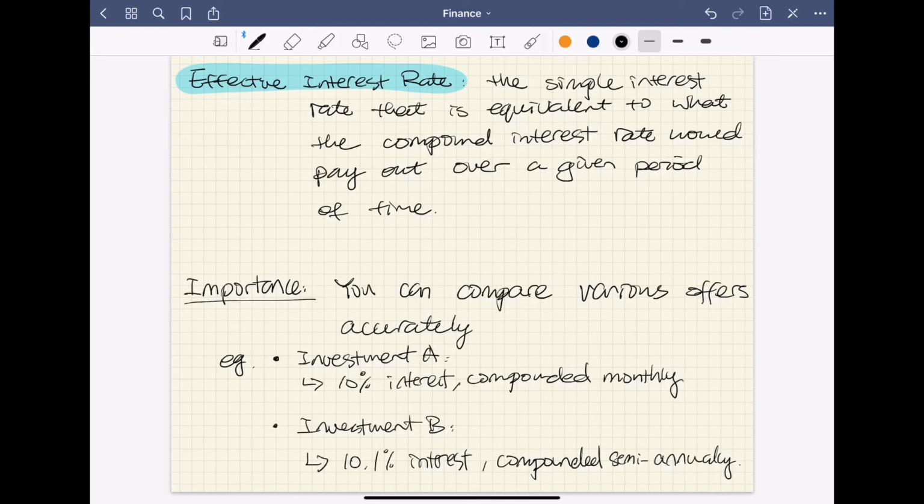Given these two investments, how do I know which one is a better offer? Which one should I invest? Looking at these two investments, we don't really know, right? So the best way to find out which one is a better offer is to calculate the effective interest rate. Okay, now let's take a look at how we can calculate that.